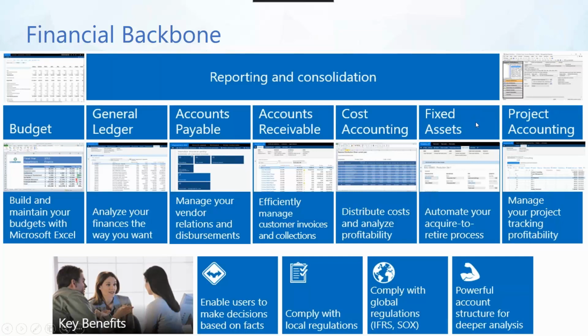Fixed assets, if you have assets, we'll identify the assets, suggest depreciations, automate the depreciation process, with the ability to keep multiple books on assets so that if you're reporting one for taxes and one for depreciation, we can manage all that, keep images and track the assets in terms of where they're at in your organization.